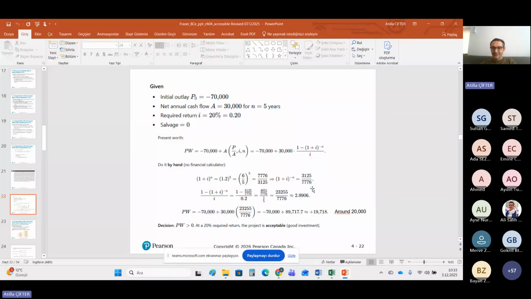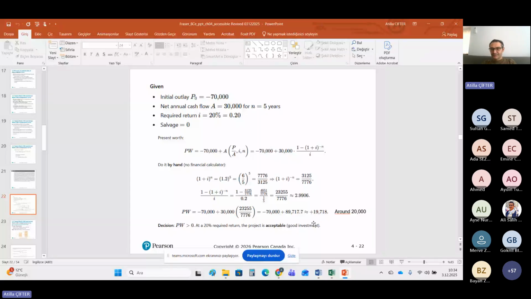At the end, this value becomes 89,717, and in total we have plus 19,780. So since the present worth is bigger than 0 at a 20% required return, the project is acceptable.